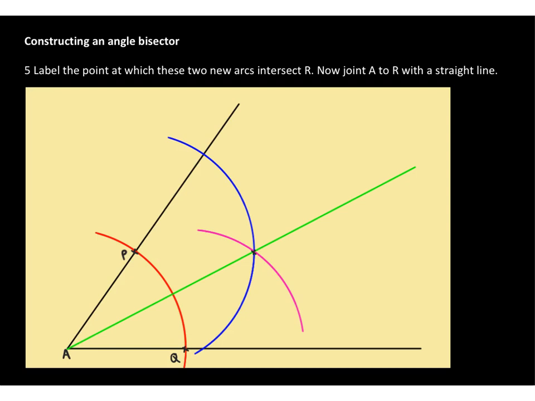Now you're going to label the point at which these two new arcs intersect as point R, and you're going to join A to R using a straight line. And this line here that you've just drawn, this is the angle bisector of angle QAP.